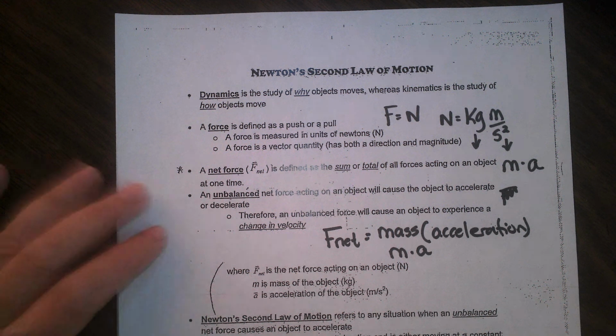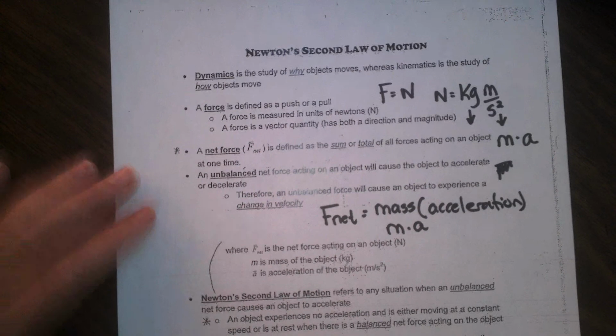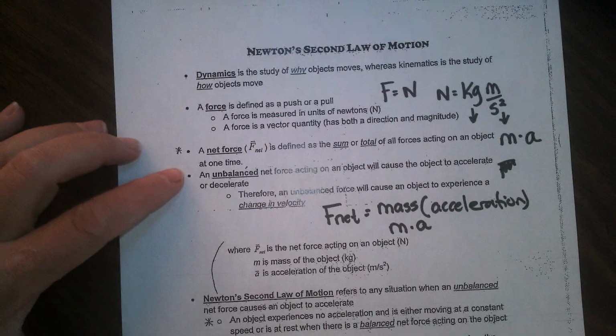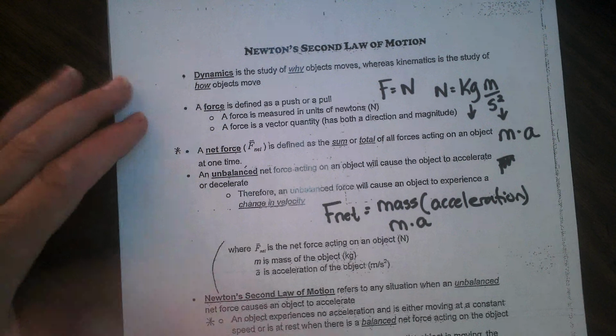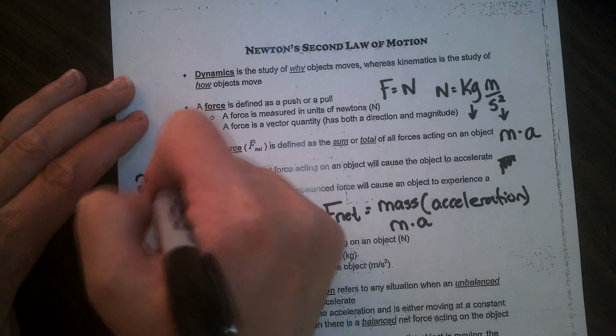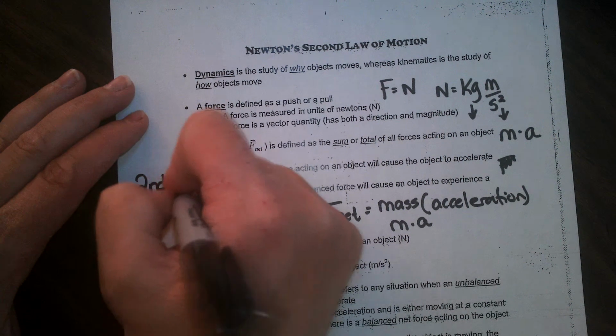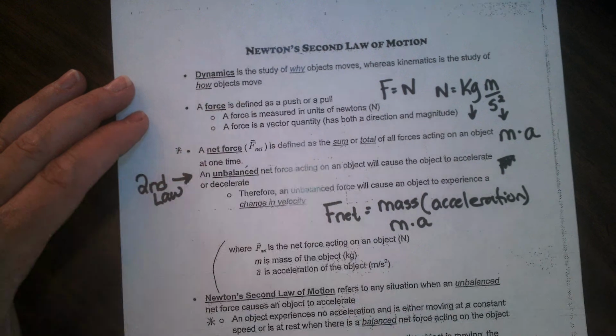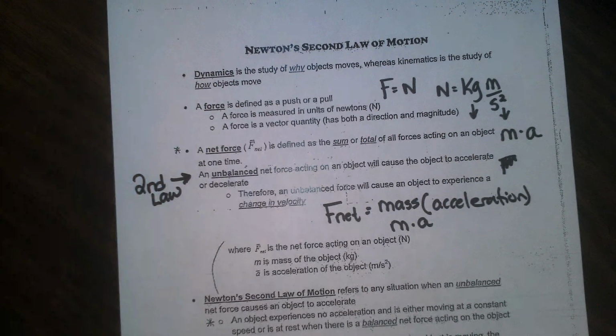All right, so an unbalanced force, this one here, acting on an object will cause the object to accelerate or decelerate. This is the second law. An unbalanced force acting on an object will cause the object to accelerate or decelerate. And so it will experience a change in velocity.